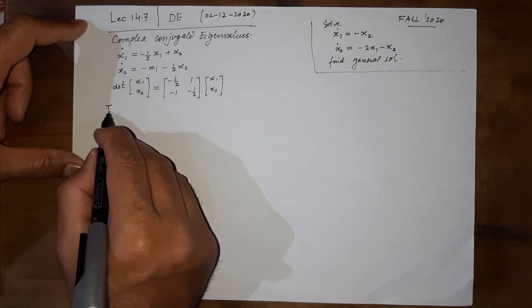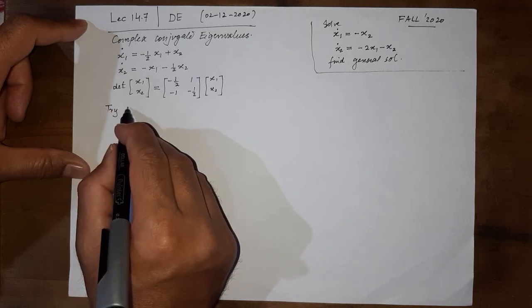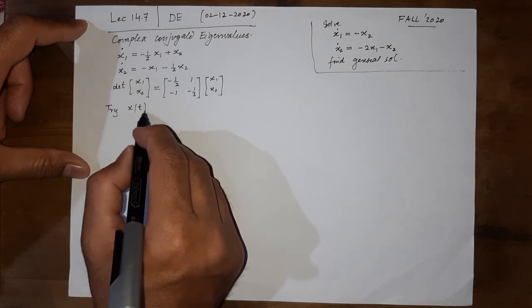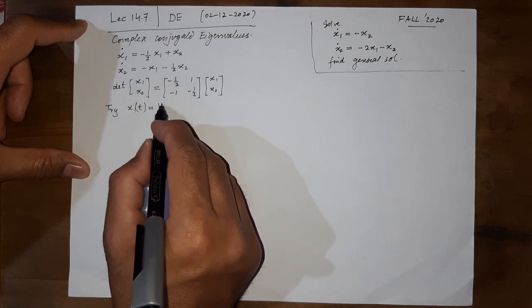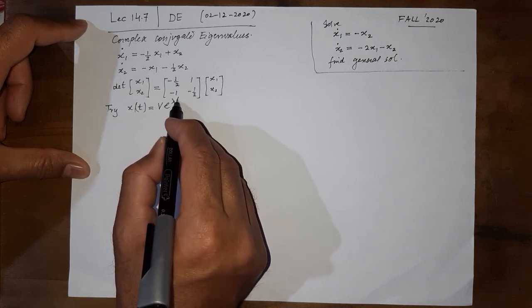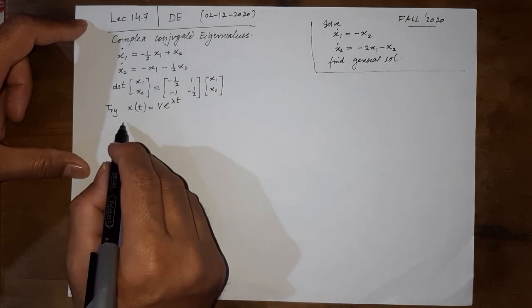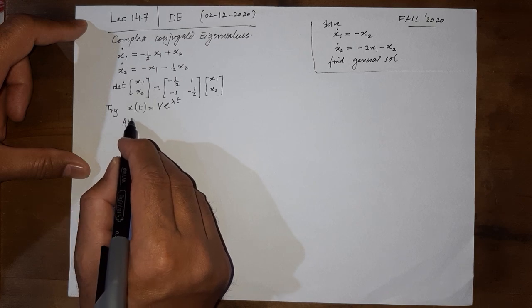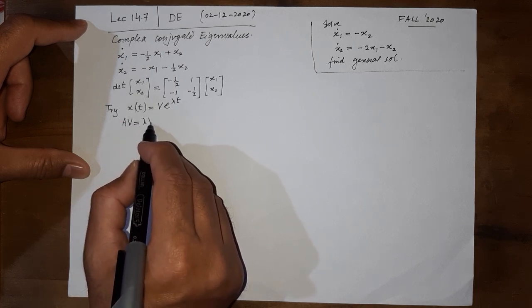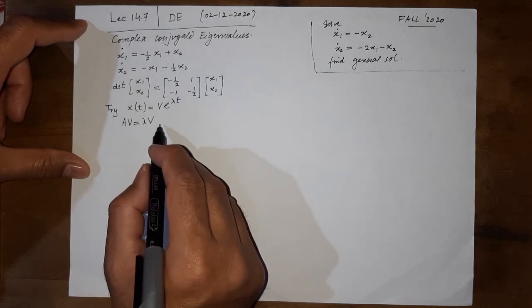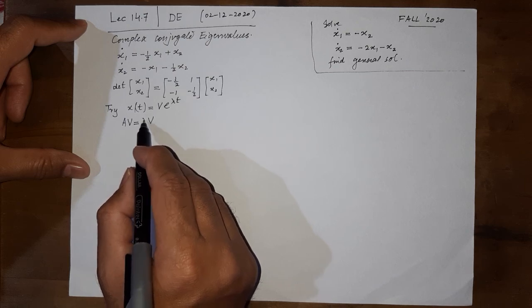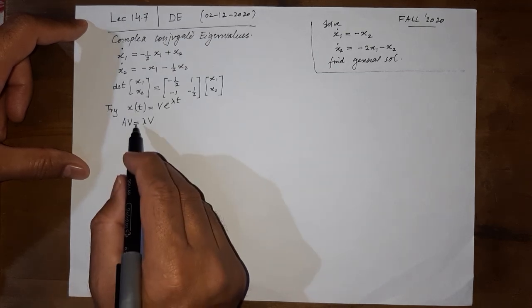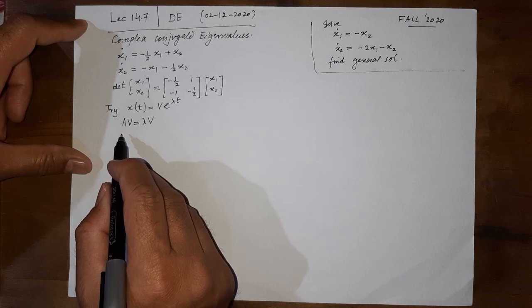Once again, we are going to try this solution that x(t) is equal to some vector v e raised to the power lambda t. And we need to solve this eigenvalue problem, where you should remember that this lambda is a scalar and v is a vector, A is a matrix.